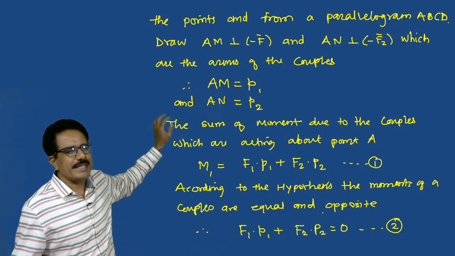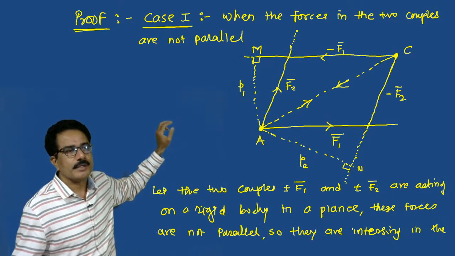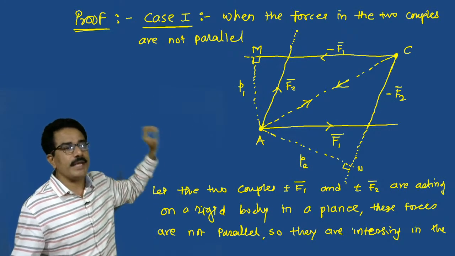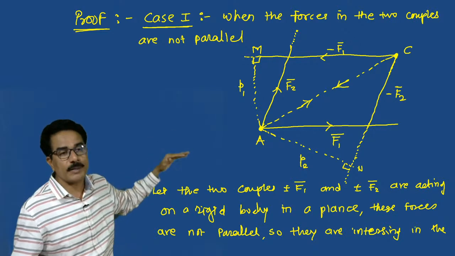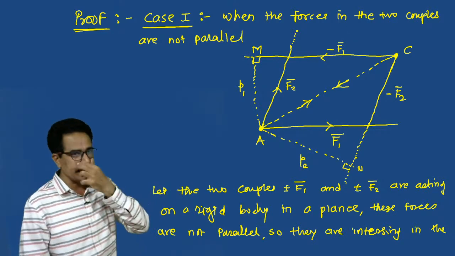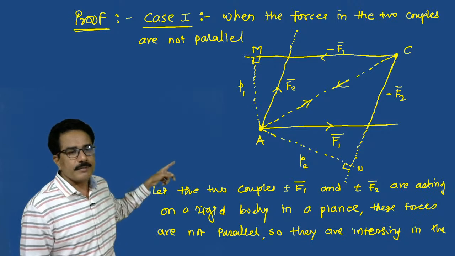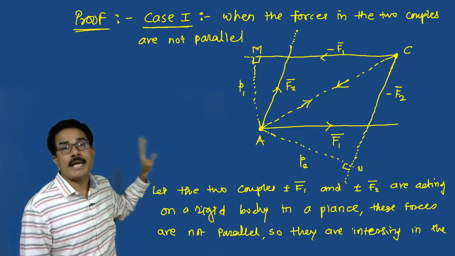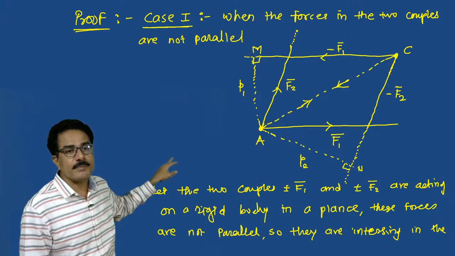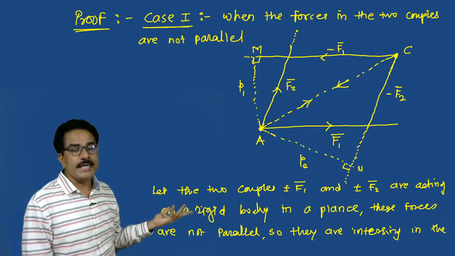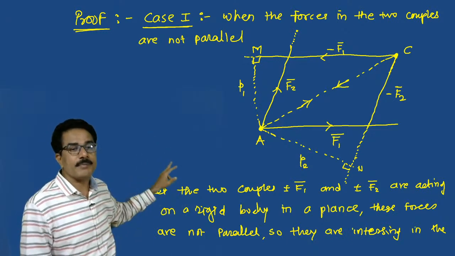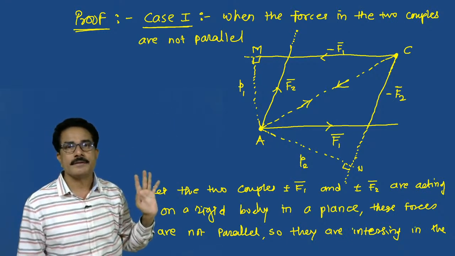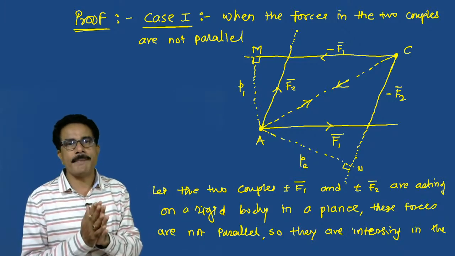बहुत सिंपल थ्योरम है, खाली theoretical part है. When this is a case first, when the forces in the two couples are not parallel. Not parallel means intersecting. Suppose F1 bar, minus F1 bar, this is one couple acting at a point A and C. Similarly, another couple F2 bar, minus F2 bar which are acting at a point A and C. Okay, these are the two couples.